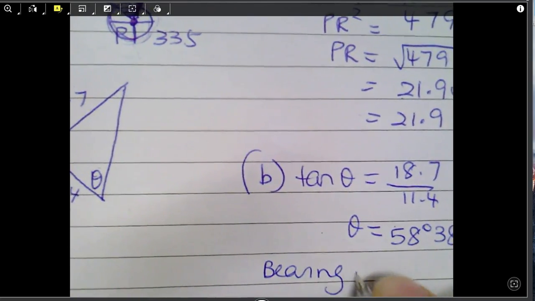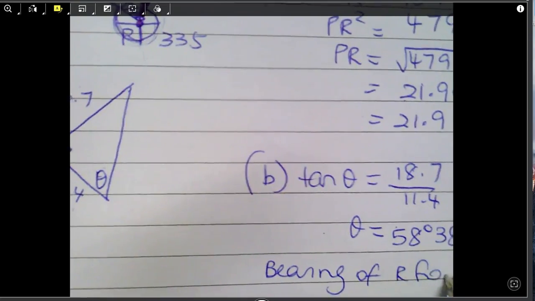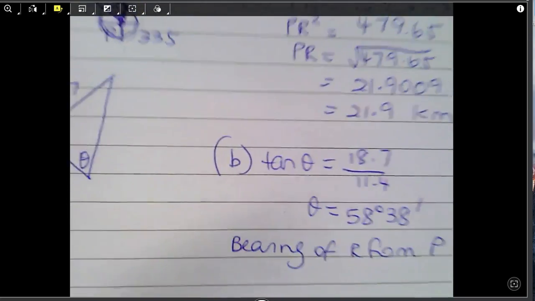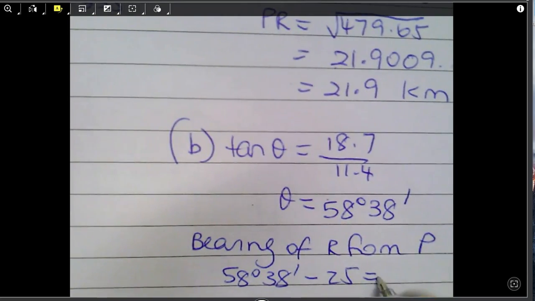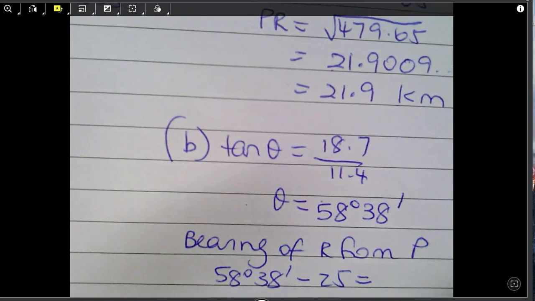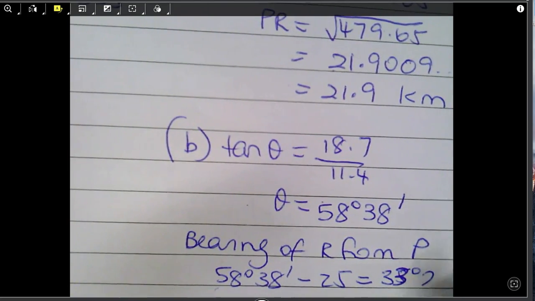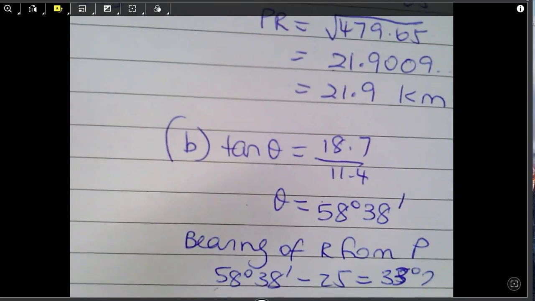Therefore, the bearing of R from P will be 58 degrees 38 minutes minus the 25, which is, what's that, minus 25? 33 degrees 38 minutes.